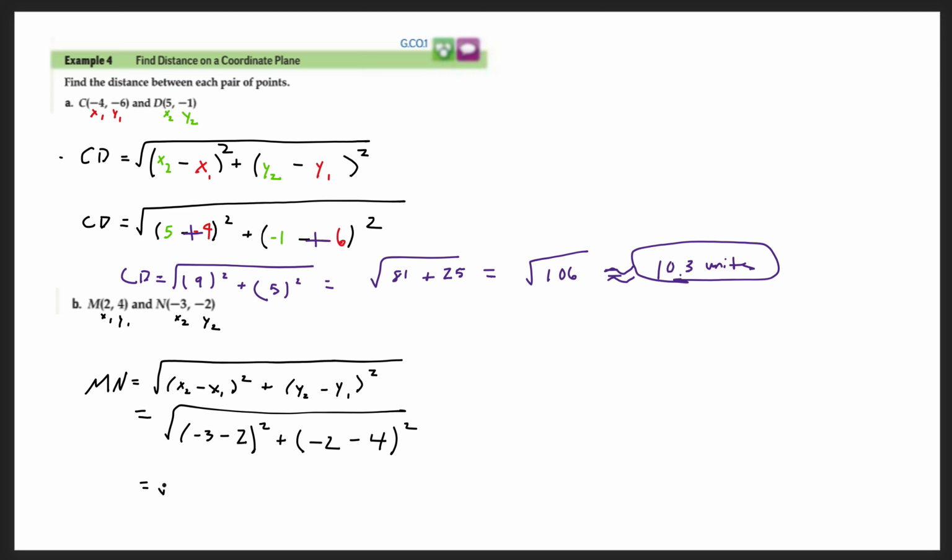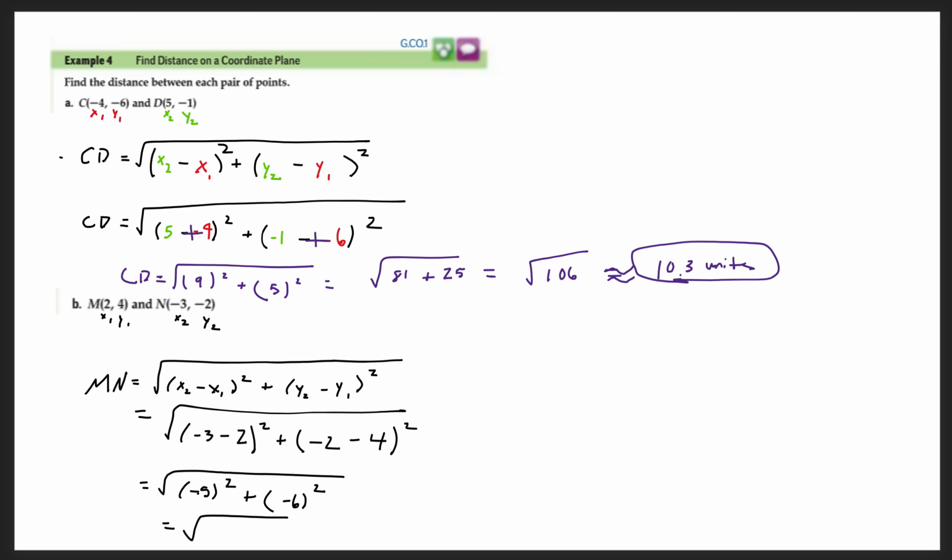I'm just going to keep on simplifying. Negative 3 minus 2 is negative 5 squared, plus negative 2 minus 4 is negative 6 squared.